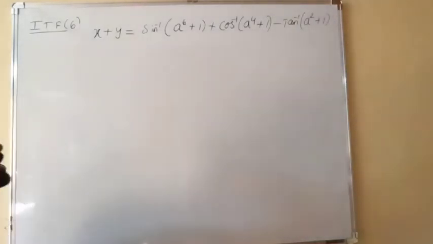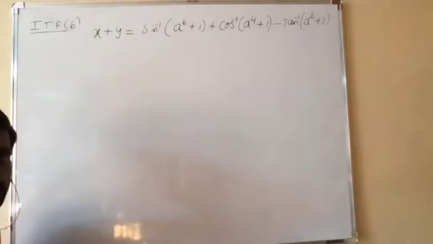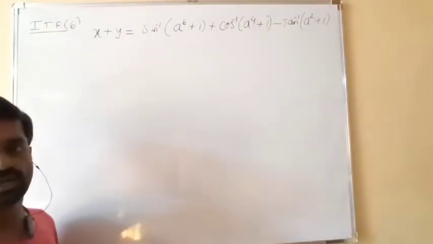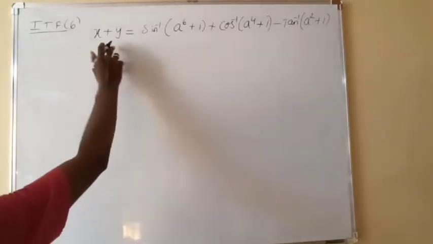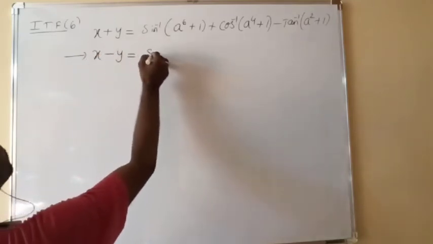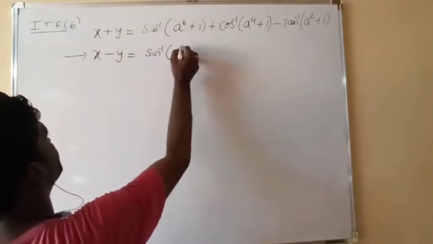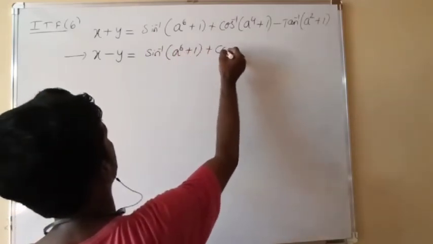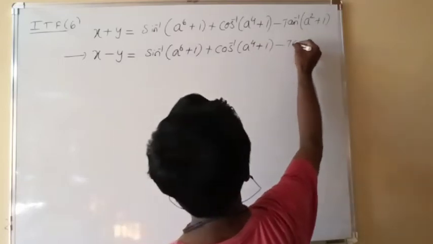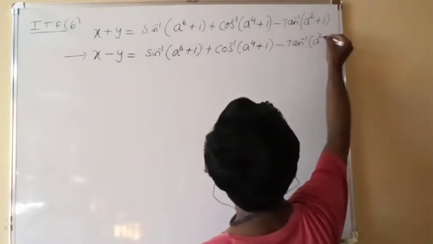What is the image of this straight line with respect to the x-axis? To get the image of this straight line with respect to the x-axis, just replace y by minus y. If you replace y by minus y, the image line becomes x minus y is equal to sine inverse of (a power 6 plus 1) plus cos inverse of (a power 4 plus 1) minus tan inverse of (a square plus 1).